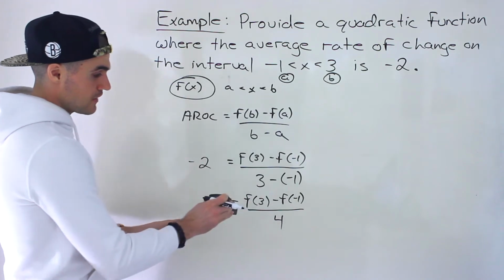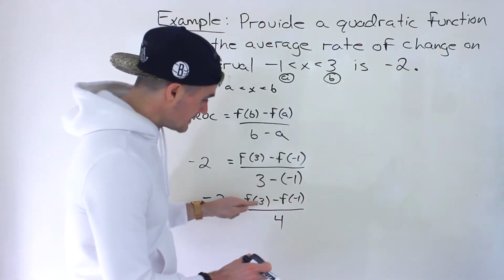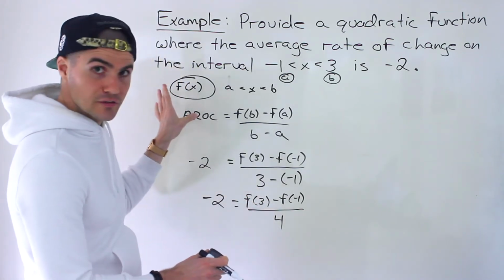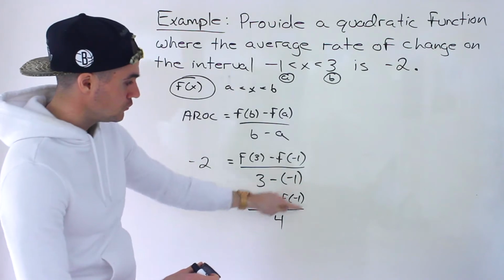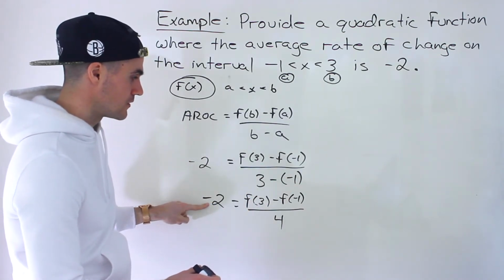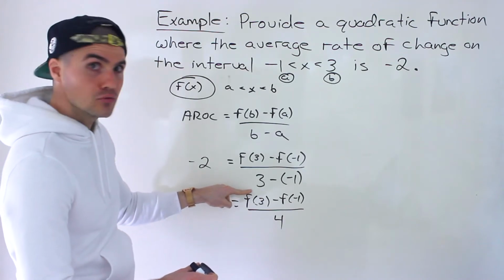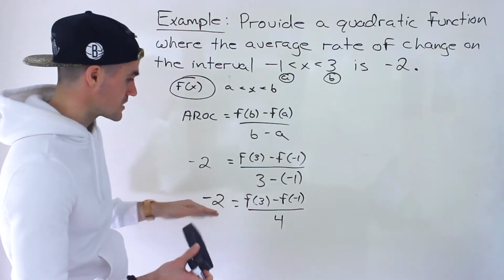And we can actually simplify this further because even though we don't know what these values are, because we don't know what the function is yet, we know what the whole numerator has to be, because that whole numerator divided by 4 has to give us -2, which means that that numerator has to be -8, right? -8 divided by 4 gives us -2.